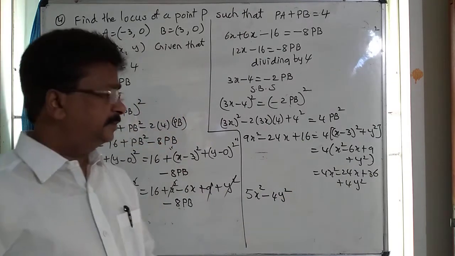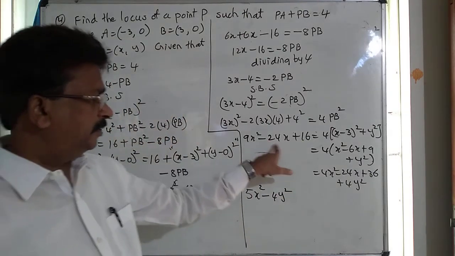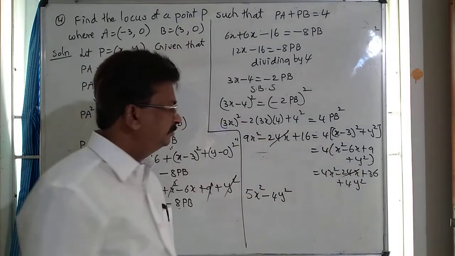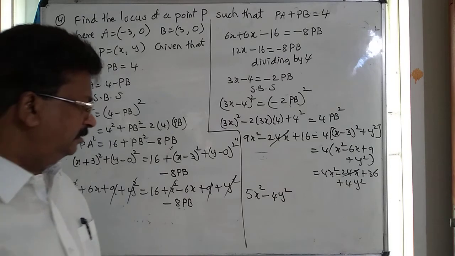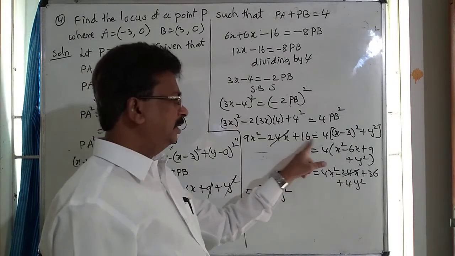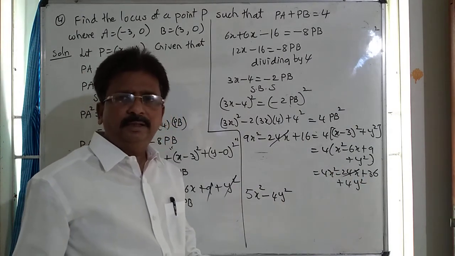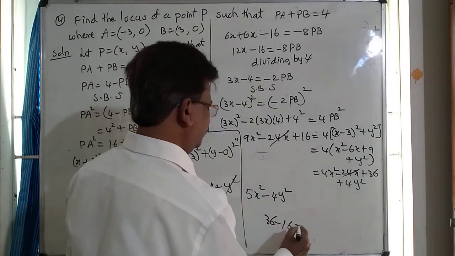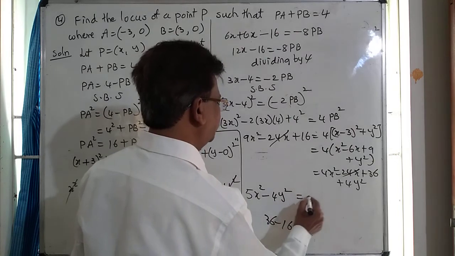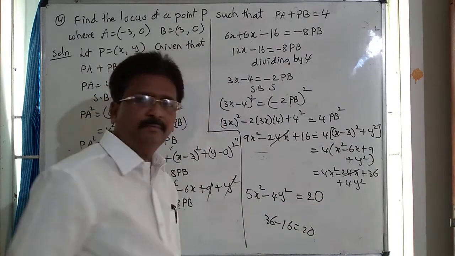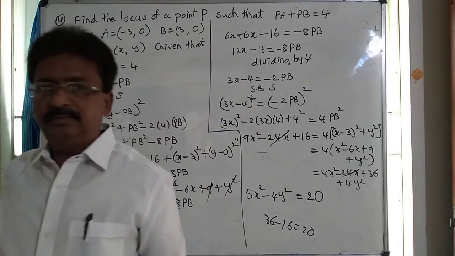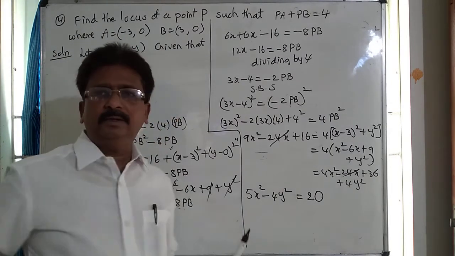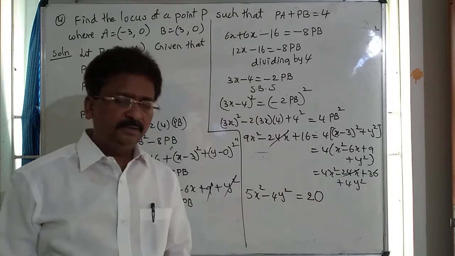Next, x terms, here minus 24, right side also minus 24, you may cancel them. Next, constants. So the constant, let us take to the right side. Anywhere you can write the constant. 36 minus 16 is 20. Okay, that's all. We got the locus of the required point. Note it.